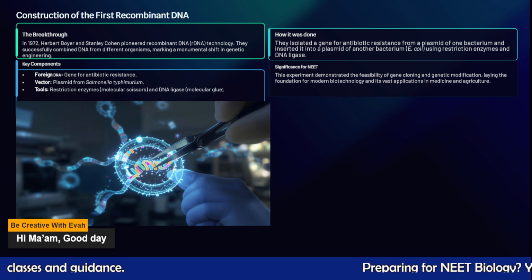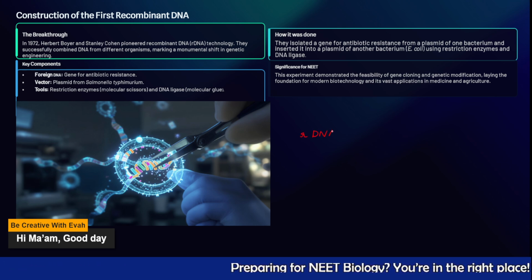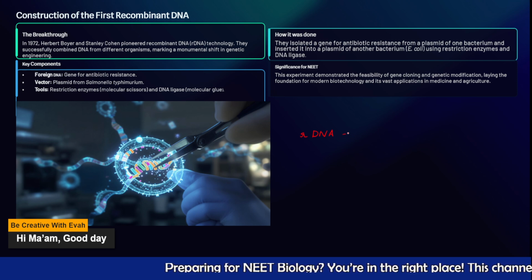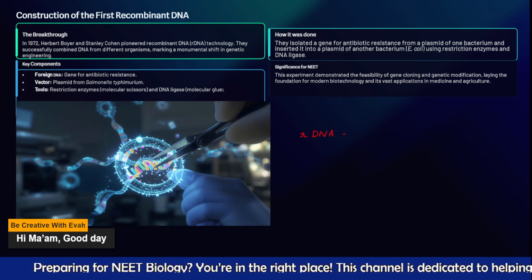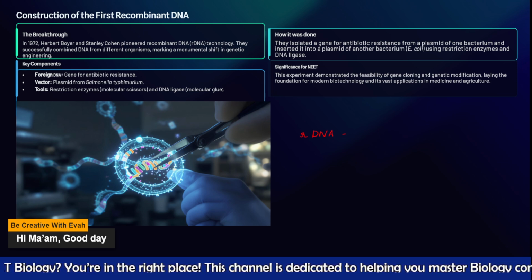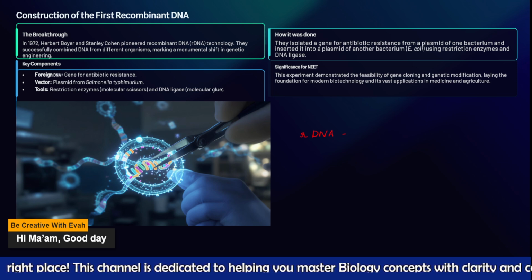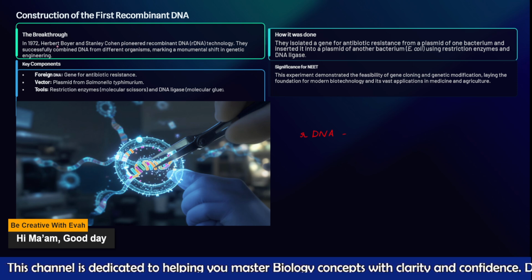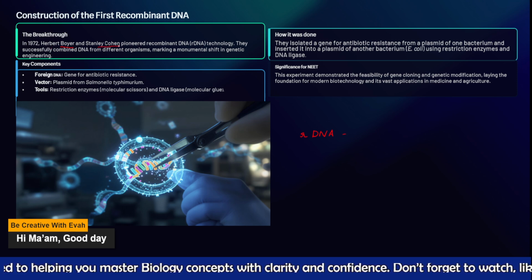Okay, so what do you mean by recombinant DNA or rDNA? DNA with some extra specific genes is recombinant, and we can call such DNA recombinant DNA. The first recombinant DNA was constructed by two scientists in 1972, Herbert Boyer and Stanley Cohen.